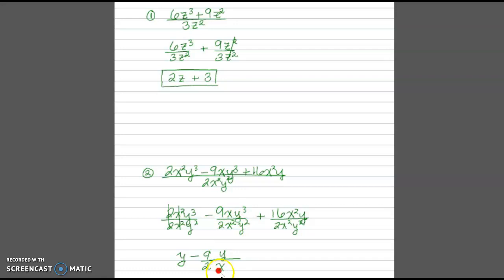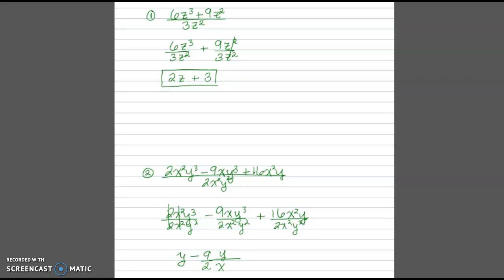But instead of writing x to the negative first in the numerator, I put x to the positive first in the denominator. So it's using 2 rules there, the division rule, the quotient rule, and the negative exponent rule. As a shortcut, you can just subtract your exponents, bigger minus smaller, and then wherever the exponent is larger, that's where you write your expression.